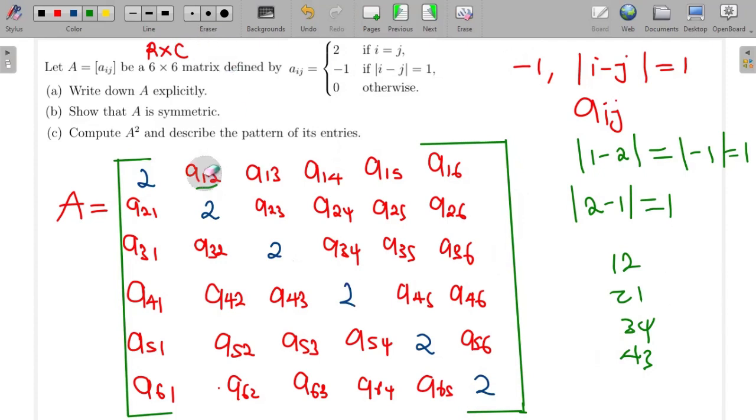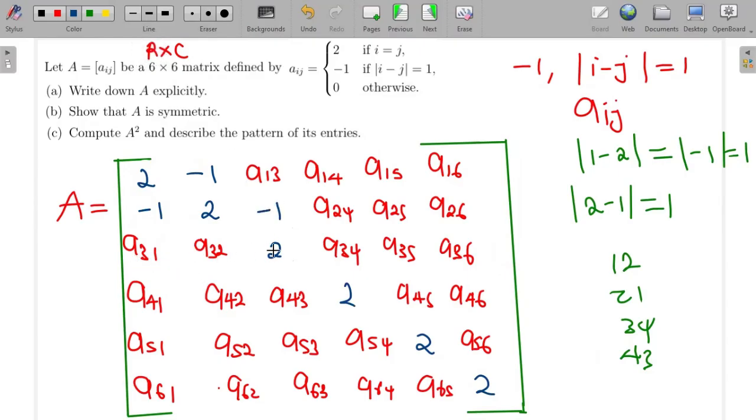I'll start in the first column, first row here. I'll erase this and just put a -1 there. These ones are consecutive, so I'll erase this again and replace it with a -1. Which other ones are consecutive? Here I have 2 and 3, which follow each other, so I'll erase this and put a -1.